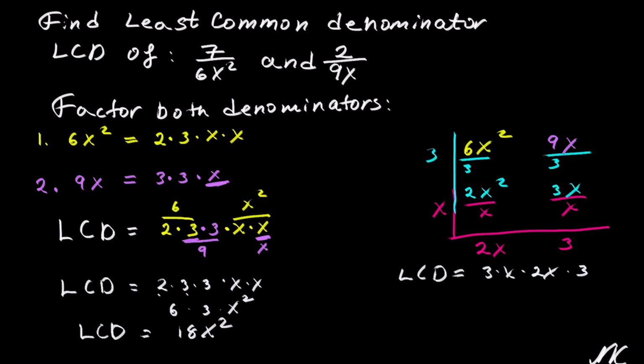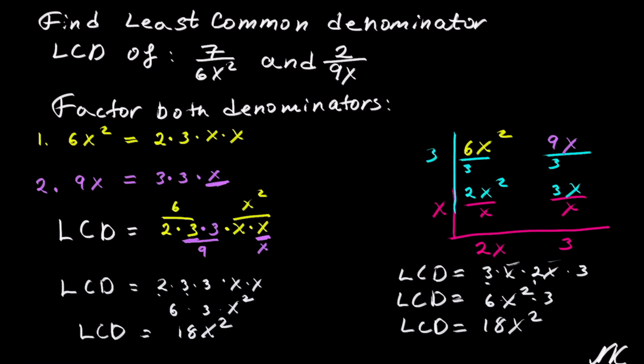And in the second case we have least common denominator is equal to 3 times 2 is 6, x times x is x to the second times 3. So least common denominator is 6 times 3 is 18x to the second.